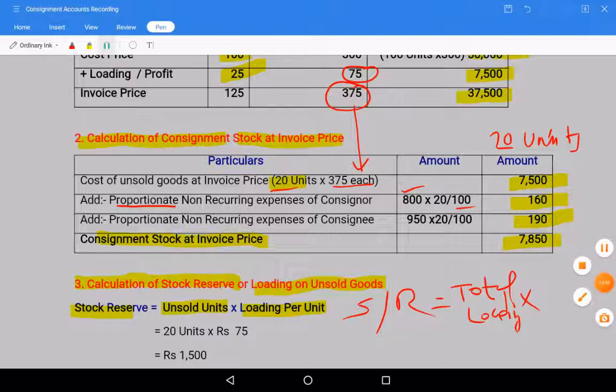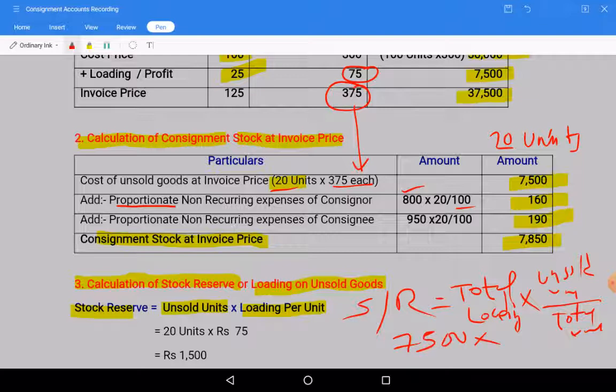So what I am saying, total loading into unsold units divided by total units. So total loading is how much? Total loading is 7,500 into unsold units 20, total units 100.